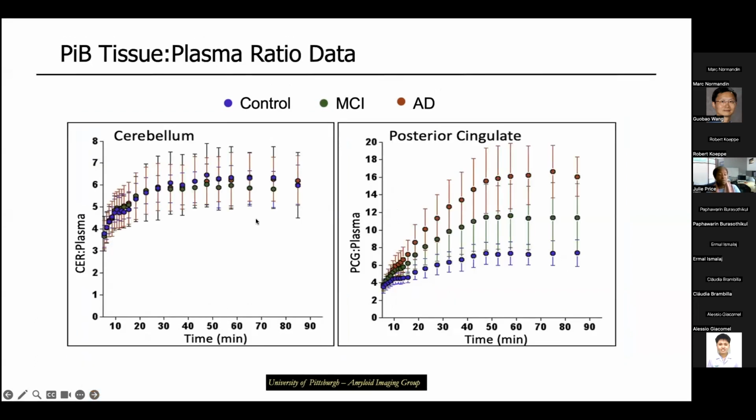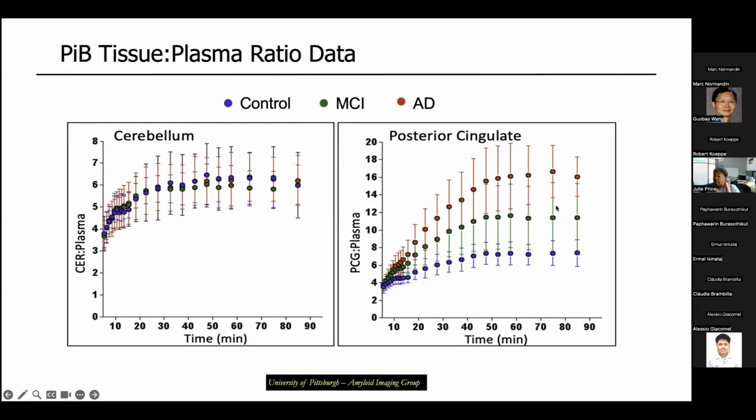Another thing we saw that was encouraging is that the cerebellar to plasma ratios plateaued and were similar across groups. This is an area of the posterior cingulate that would be rich in neuropathological amyloid beta plaques. You can see the increased binding over time in AD, and it starts to plateau between 40 and 50, around 50 minutes.